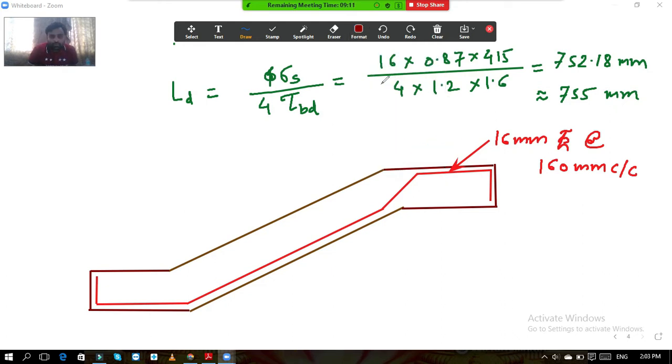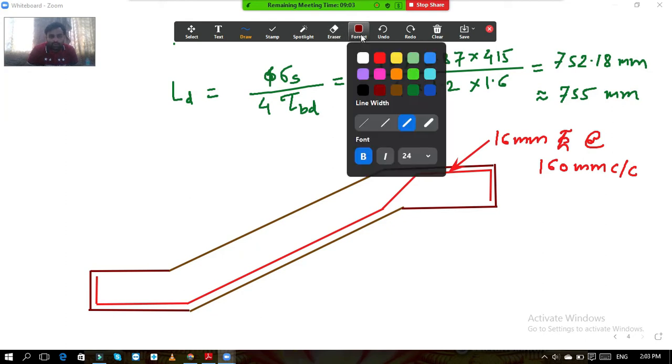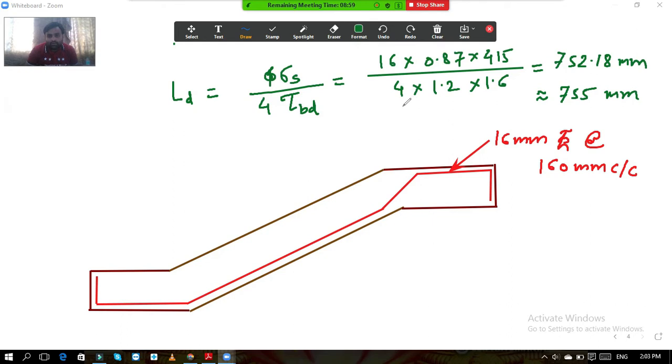if I show over here the distribution steel, then the distribution steel is also provided. Before showing the distribution steel, I will show the bent up bars here. So the bent up bars are provided here. Now the bar will be like this. Up to the development length, these bars are provided. Okay.